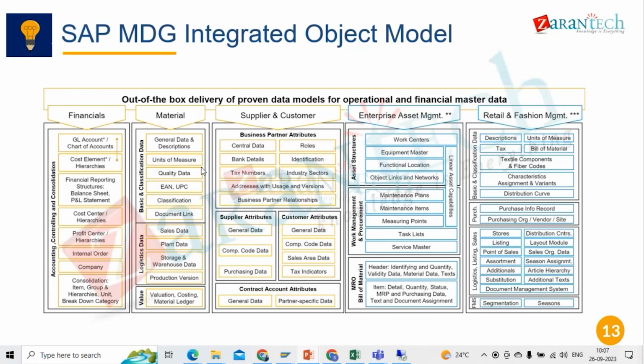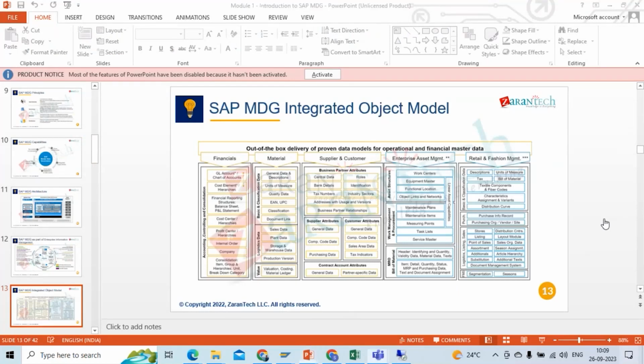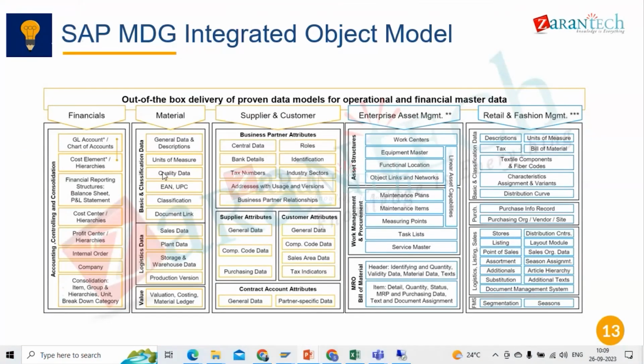It represents count of numbers, count of employees, count of places, count of hours, count of liters, etc. And here you can see quality data, EAN and UPC, and also classifications and document links.